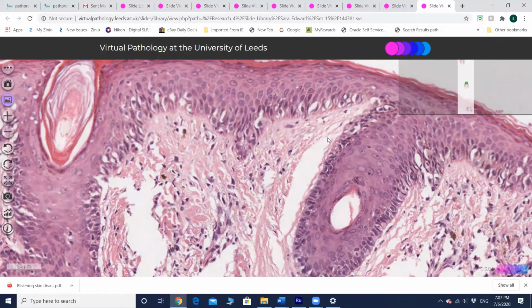I think in the short surgical exam you will usually have either one or two skin cases. That means you will get either one neoplastic case, and if you get two skin cases, then you will have one inflammatory skin case, like a vesicular bullous disease or a granulomatous inflammation, something along these lines, or you will get the adnexal tumor or melanocytic lesion.